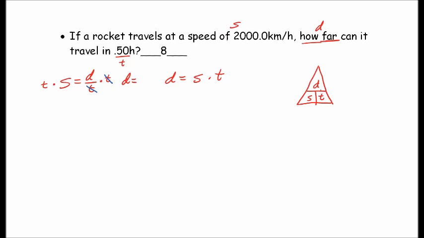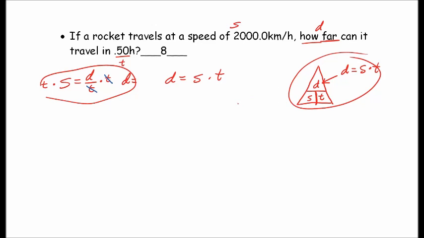Speed equals distance divided by time. And if we're looking for distance, right there, distance is equal to speed times time. Remember that the vertical line means multiplication. So there are 2 ways, the algebraic way and the magic triangle way, to figure out what equation to use. The equation we're going to use in this problem is distance equals speed times time.